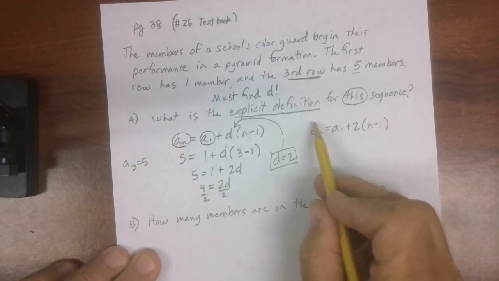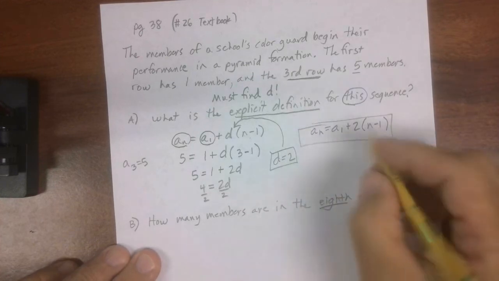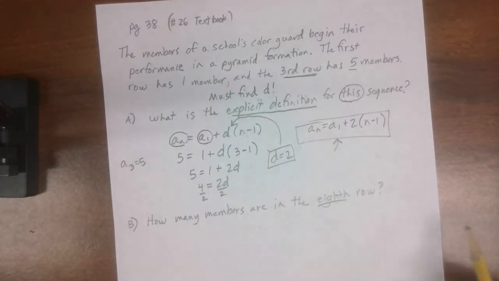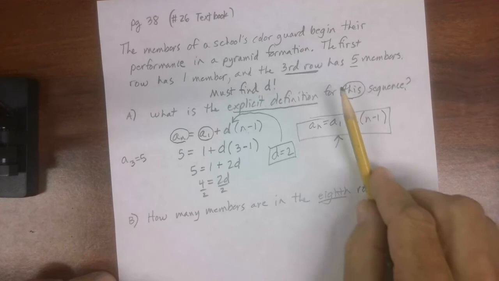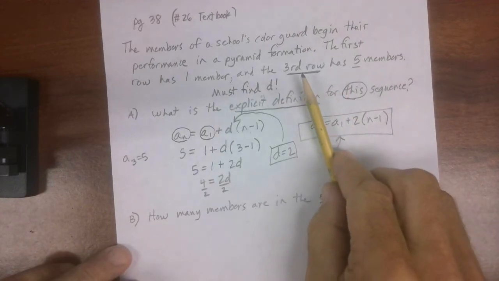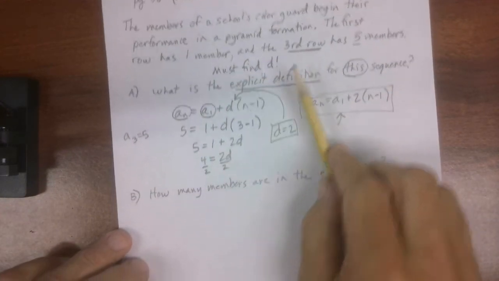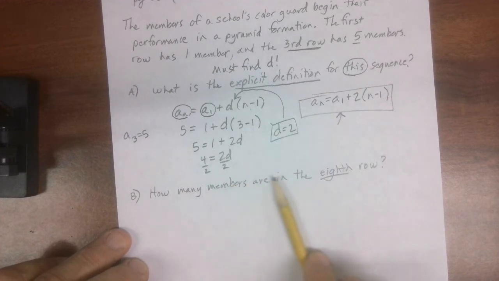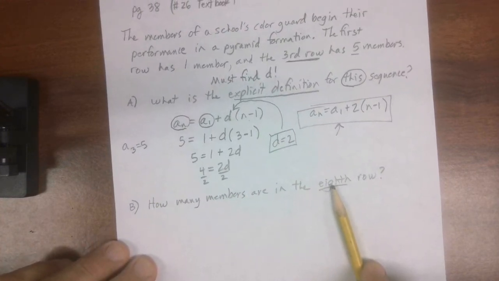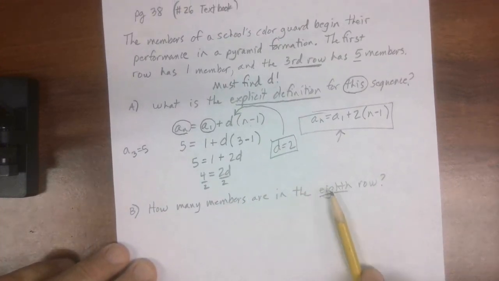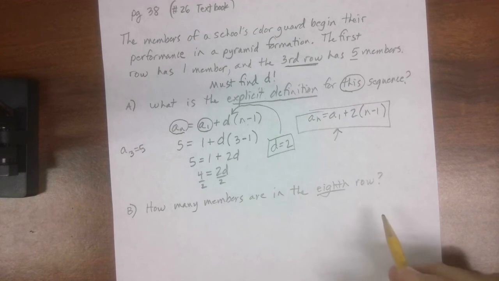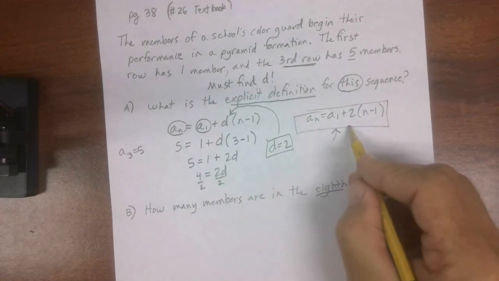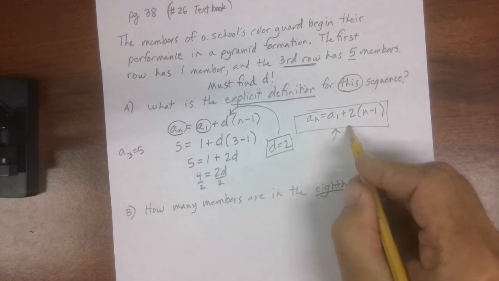And really what we're able to do now is answer any question they give us about any particular row. Again, look at what they're asking. How many members are in the 8th row? They're not asking how many members are in the entire band, so we're not going to use that other formula with the S. We're just going to stick with this because this will get the job done.